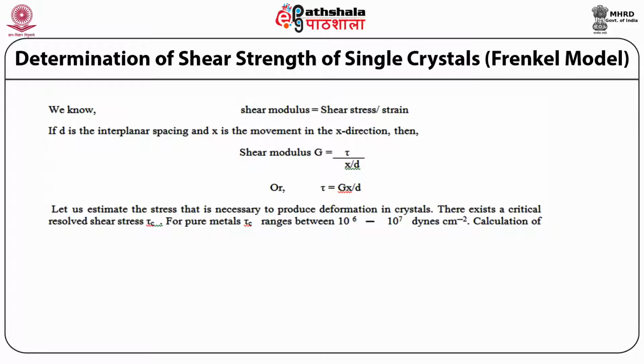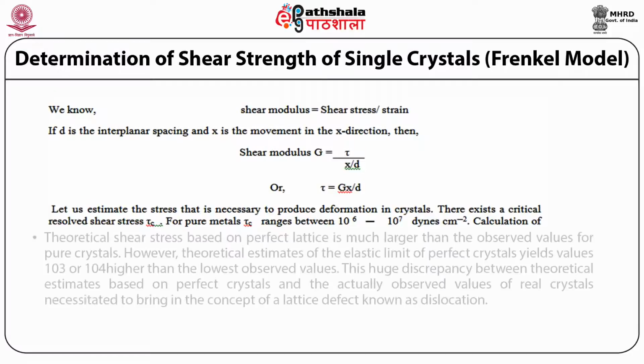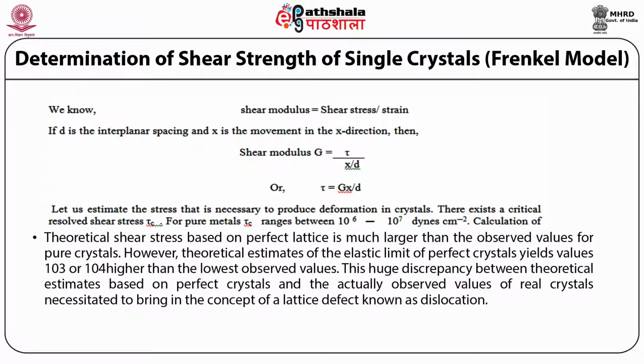Let us estimate the stress that is necessary to produce deformation in crystals. There exists a critical resolved shear stress tau c. For pure metals, tau c ranges between 10^6 to 10^7 dynes per square centimeter. Calculation of theoretical shear stress based on a perfect lattice is much larger than the observed values for pure crystals.